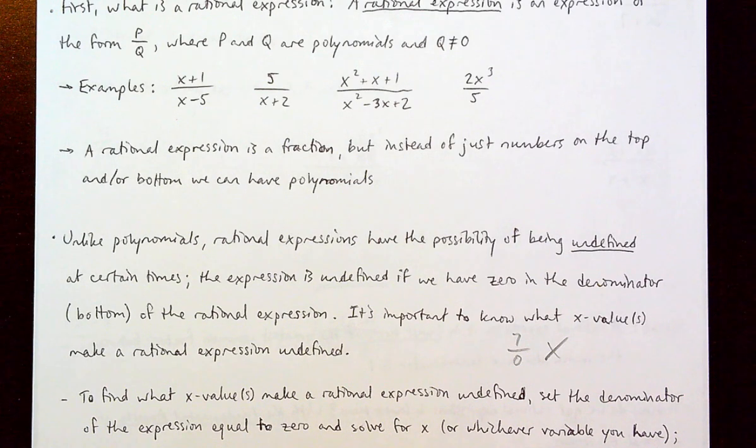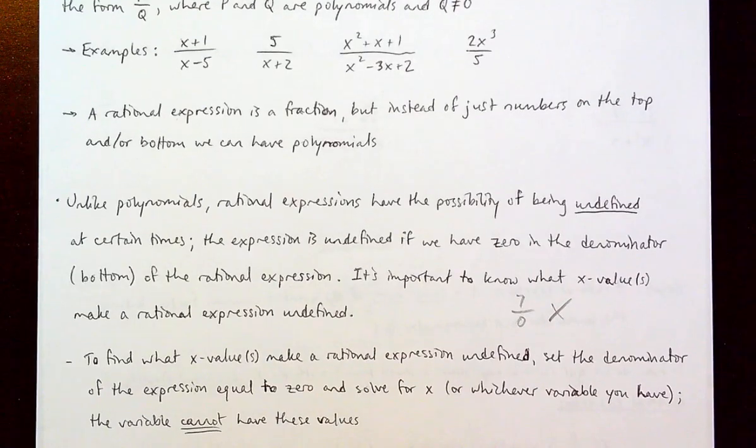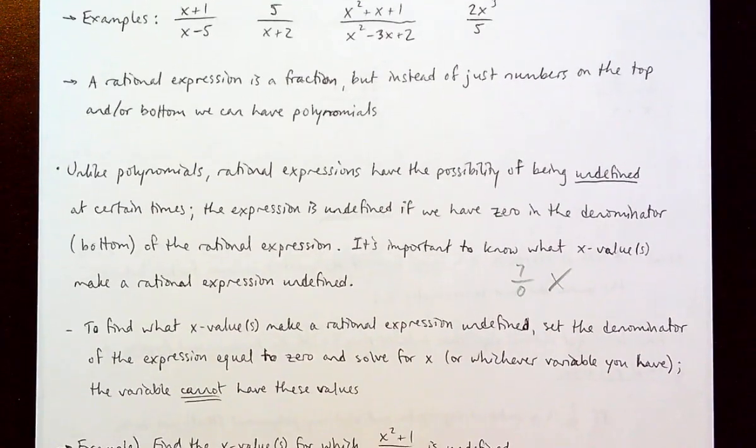We need to find what those values are, and we cannot plug in that number or those numbers or those values into that particular rational expression. So to find what x value or values make a rational expression undefined, you're just going to set the denominator, or the bottom of your rational expression, equal to 0, and you're going to solve for your variable.